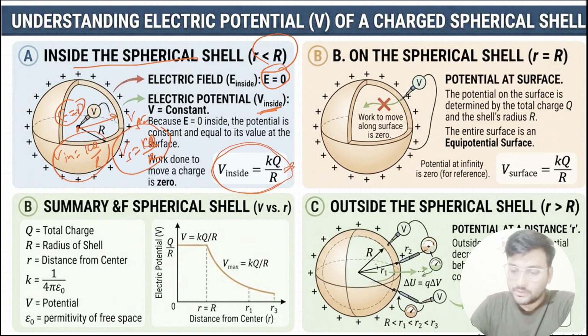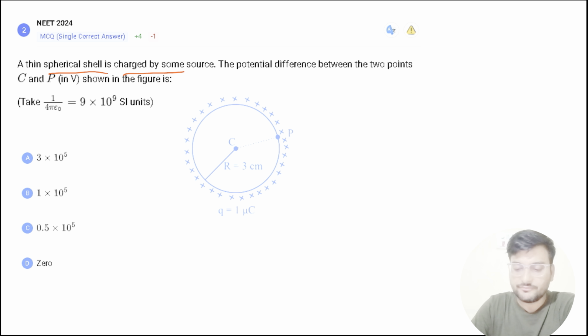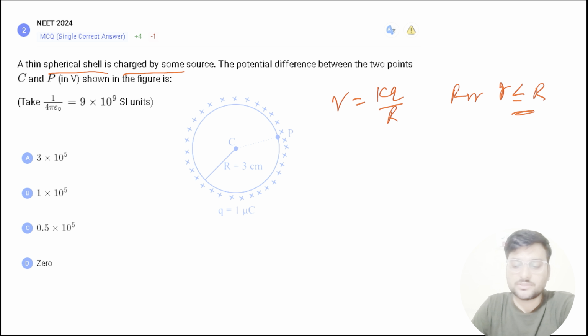Now on the spherical surface, the potential is the same and the electric field is E equal to kq by r square on the surface, right? The graph of this is given to you, and outside it will be kq by small r at the distance at point P somewhere. Now in this case, V is equal to kq by r for small r less than or equal to r, meaning either on the surface or inside.